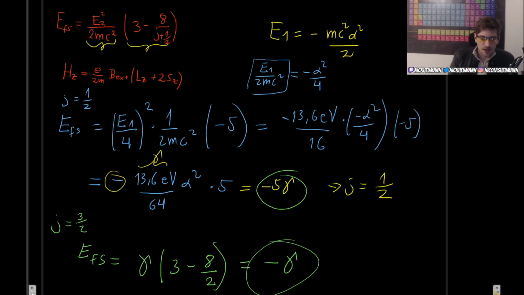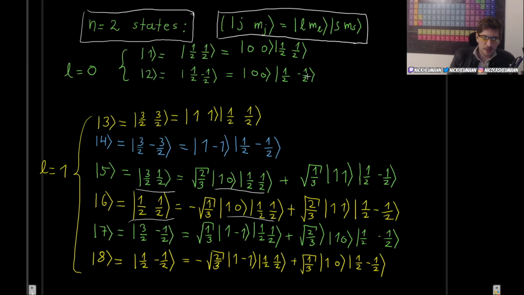All right. So wait, did I explain it properly when I did the last state? In the last state, ml, yeah, I don't think I explained it much. I apologize. ml was 0 and ms was 1/2. That's why we did 2 times 1/2 and we got 1, which is why I wrote down beta. I don't think I explained that properly. My apologies. Now ml is 0, so that part is still 0, but now ms is minus 1/2.